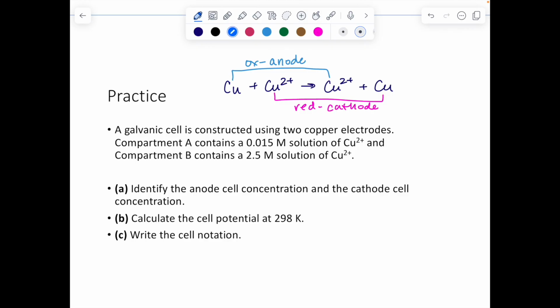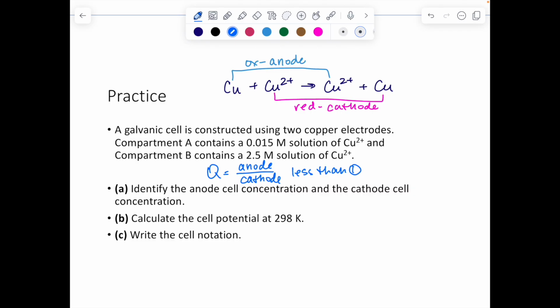And remember, if we want Q to be small, Q is going to equal our products over reactants. So Q is going to be anode over cathode. And we want Q to be less than 1.